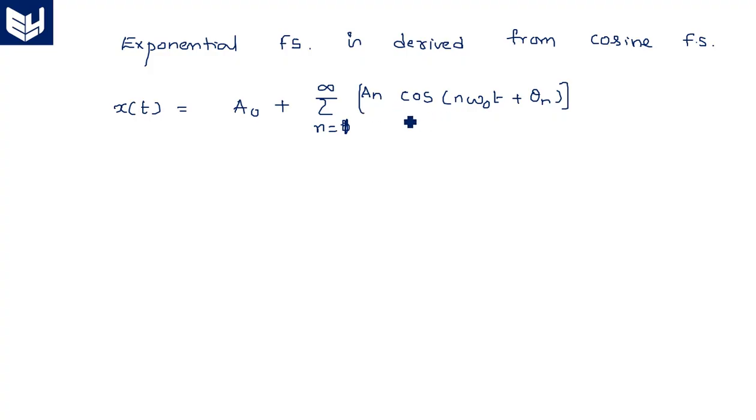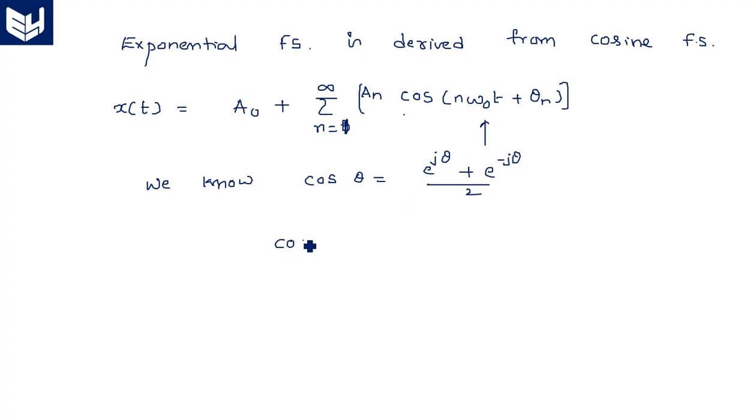Now we are going to take the cos notation in this x of t equation and write it in terms of exponential form. We know that any trigonometric function like cos or sine can be written in terms of exponential functions. So cos theta is simply written as e power j theta plus e power minus j theta by 2.